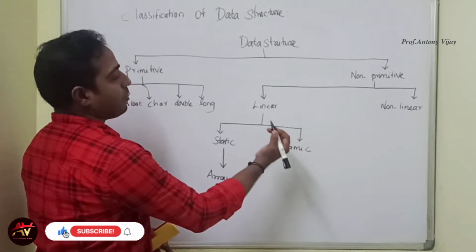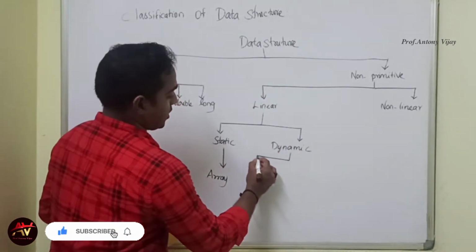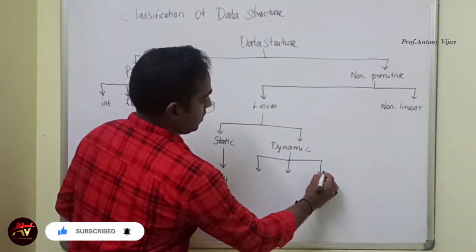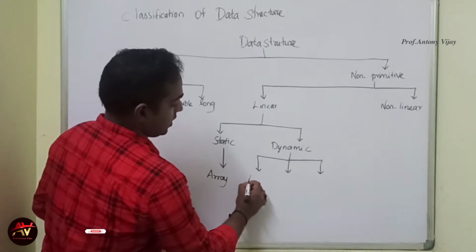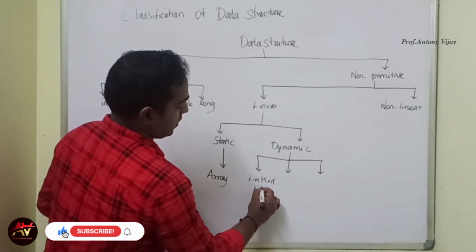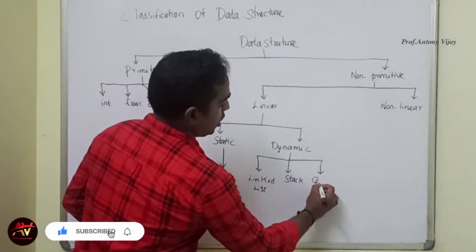In dynamic category, we will be having three different data structures: linked list, stack, and queue.